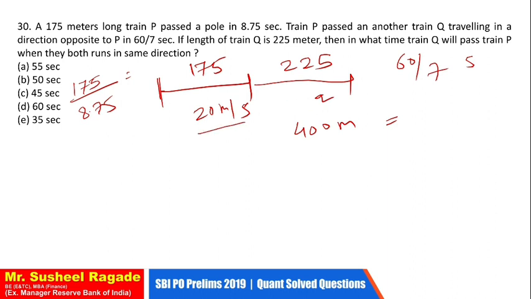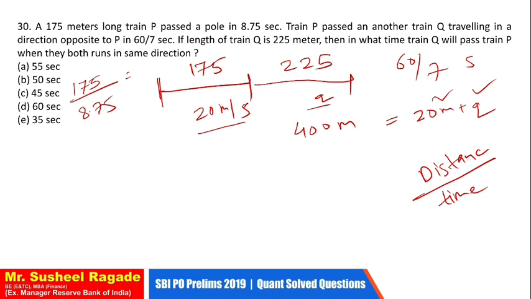Suppose the speed of train Q is Q. Then the total speed is 20 meter plus Q, because when they are traveling in opposite directions, we have to add the speed.